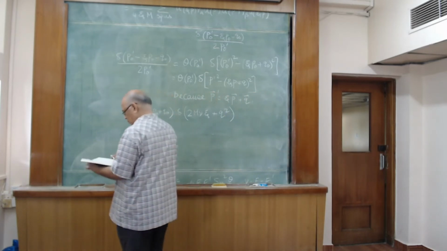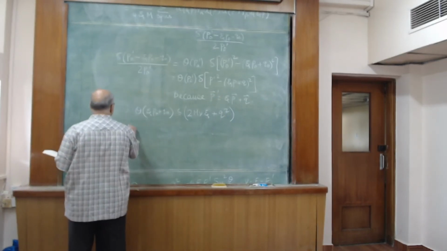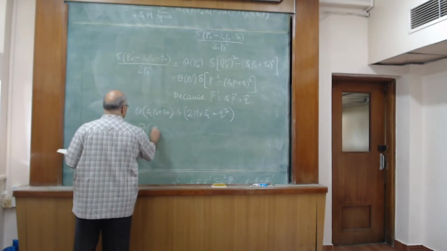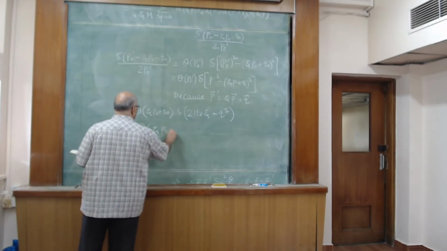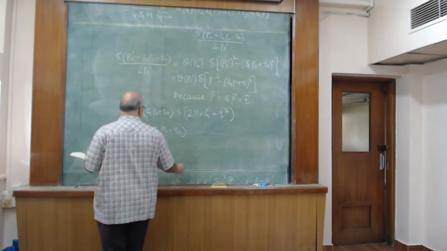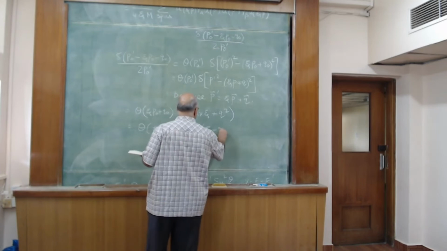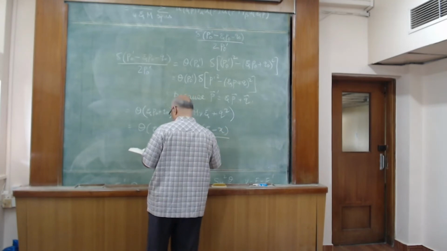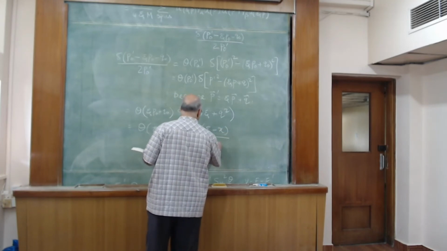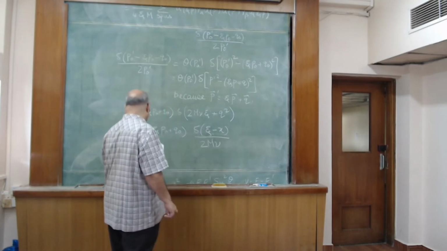So this is theta times xi P naught plus Q naught times delta of xi minus x by 2 mu.